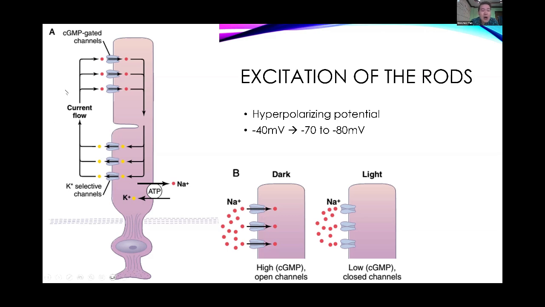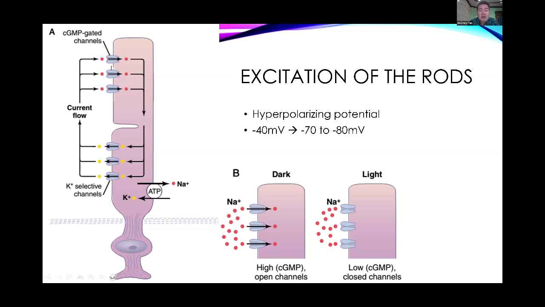However, in the outer segment, the sodium, look, it's different. The sodium can freely go inside the cell. Why? Because you have the cyclic GMP gated channels. In a resting state, when I say resting, it is the dark phase. No stimulation, dark.